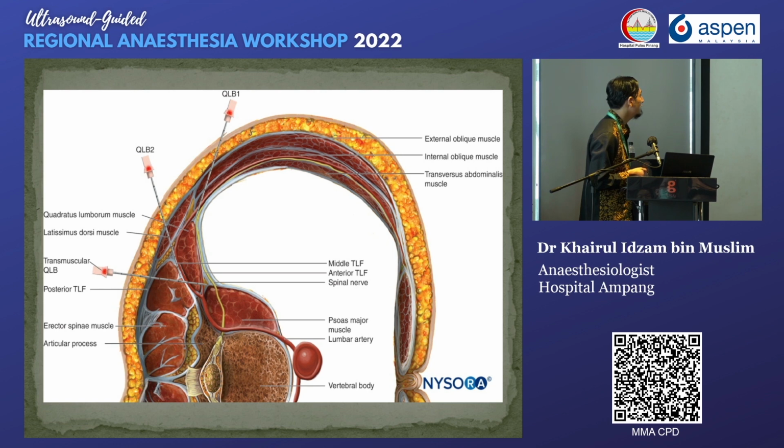For the QL2, the injection is between the QL muscle and the latissimus dorsi. Okay, latissimus dorsi and QL here. Then for the QL3, which is the transmuscular QL, it is between the psoas and the QL. Okay, so the transversalis fascia lies over here.